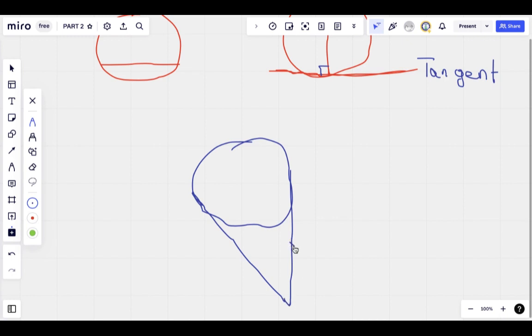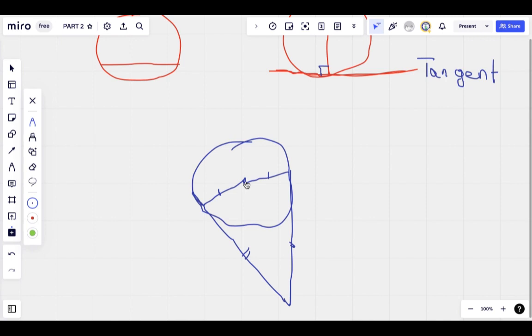So this tangential line will be equal to this tangential line. And here is a radius. Let's say here is the center of the circle. Here is a radius to the center. Here is another radius to the center. This radius is the same as this radius. So this tangential line will be equal to the other tangential line.